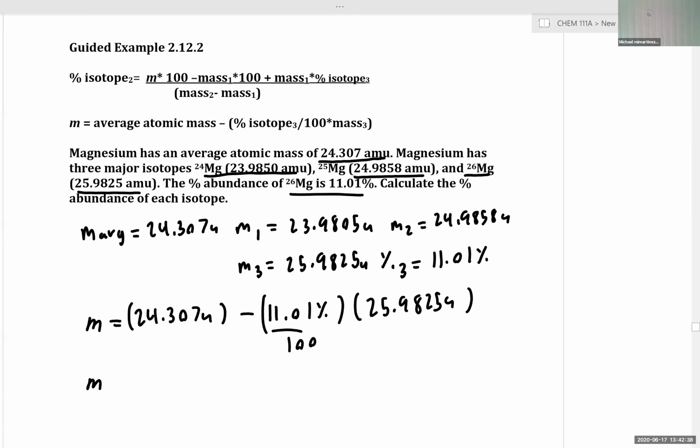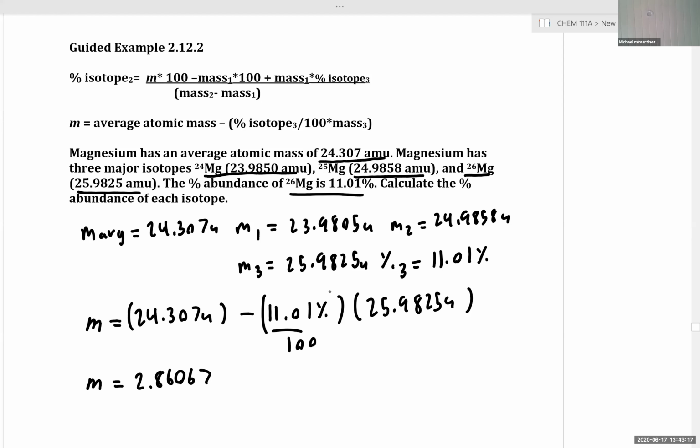So this gives us an adjusted mass. Let's punch that into our calculator. This gives us an adjusted mass of 2.86067.